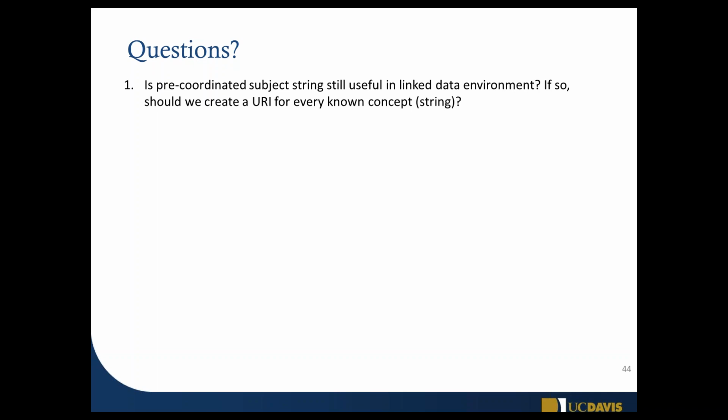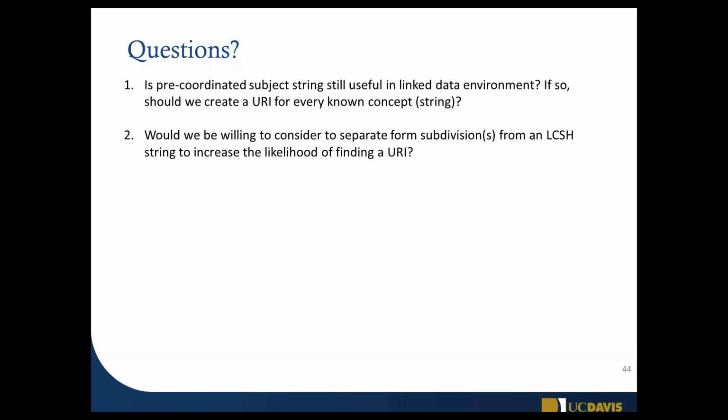Or, to make it less daunting, could we think about separating form divisions from the LCSH string to make it more possible for us to find existing URIs to use, like the approach the National Library of Medicine took last year?